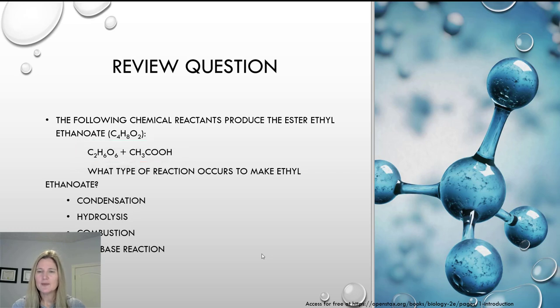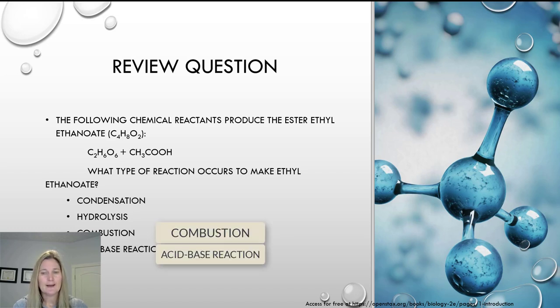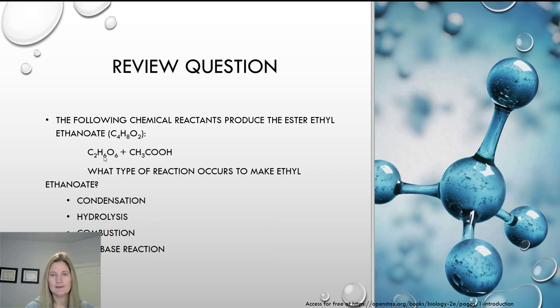So what type of reaction occurs to make ethyl ethanoate? Is it a condensation reaction, a hydrolysis reaction, a combustion reaction, or an acid-base reaction? So what type of reaction takes these guys to form this?